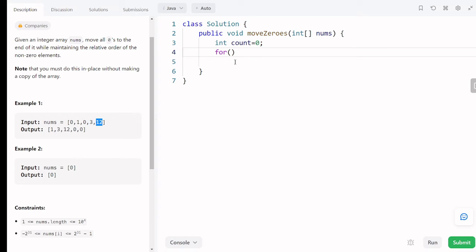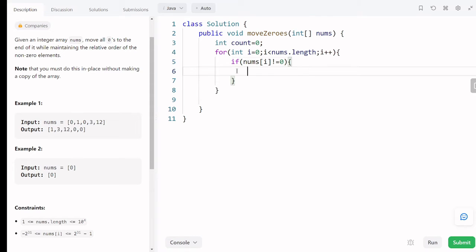Firstly I make the loop: for integer i equals 0, i less than nums.length, i plus plus. Then I write the condition: if nums[i] is not equals to 0.